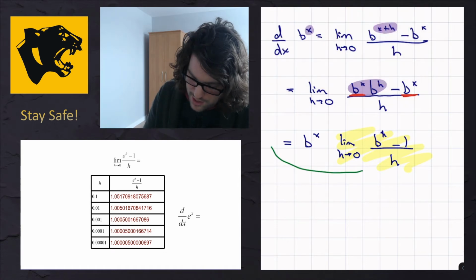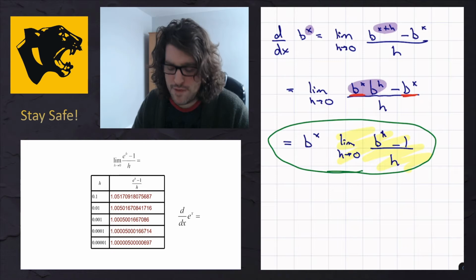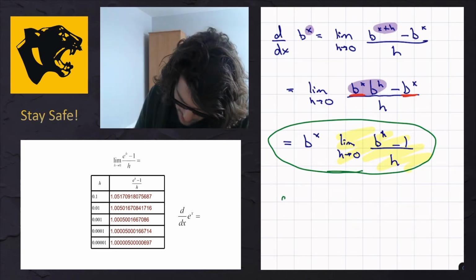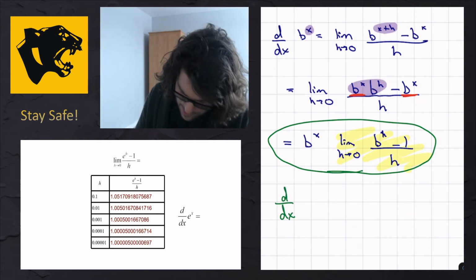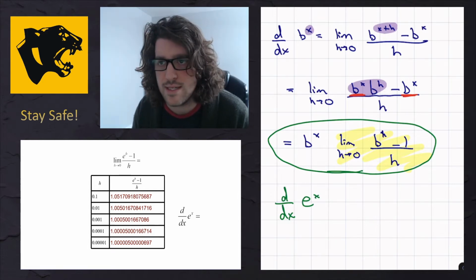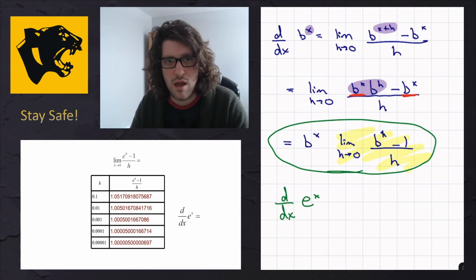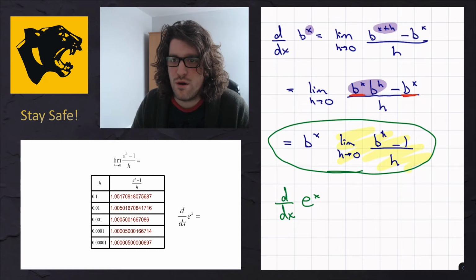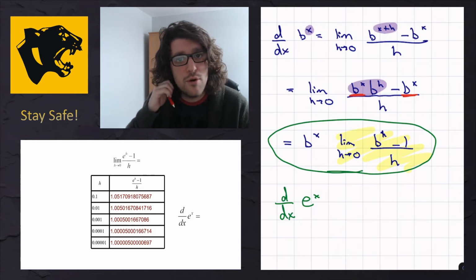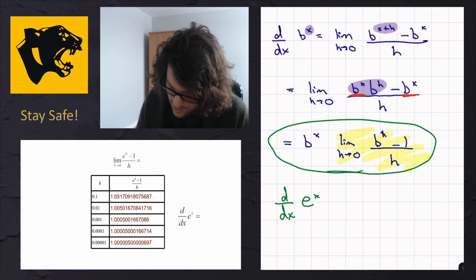What would happen if the original function was e^x, where e is not any base, but the specific base that goes along with the number 2.718..., an irrational number which we call e?